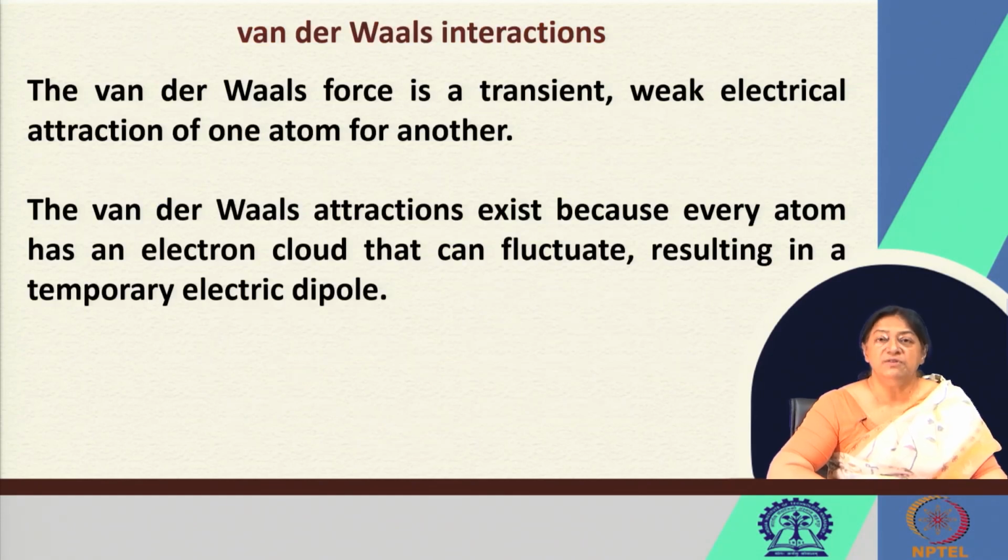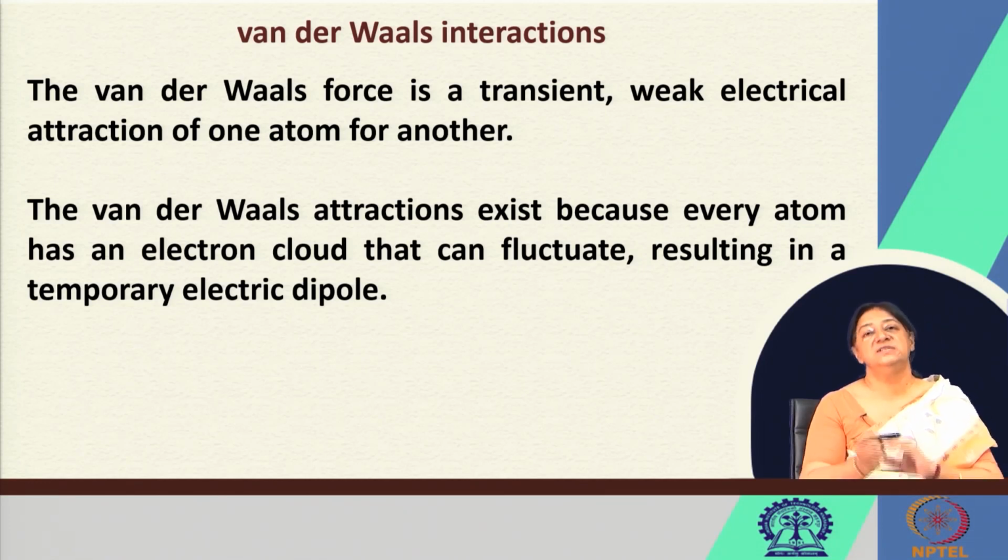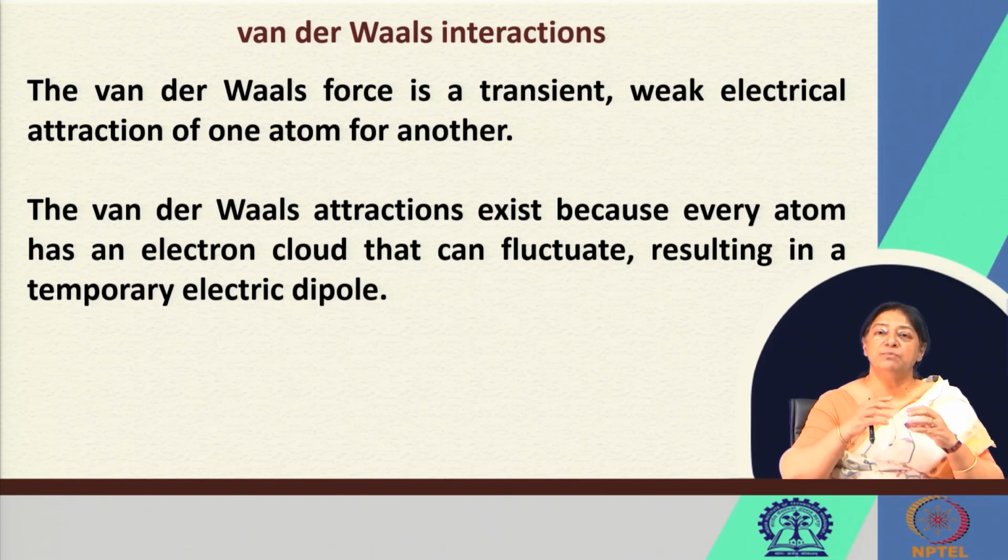The other information that we need to know is van der Waals interactions. Now, in van der Waals interactions, we know that every atom has an electron cloud around it. This electron cloud is constantly fluctuating, and because of this a temporary electric dipole is formed. Because of this temporary dipole, there can be favored interactions between the atoms.